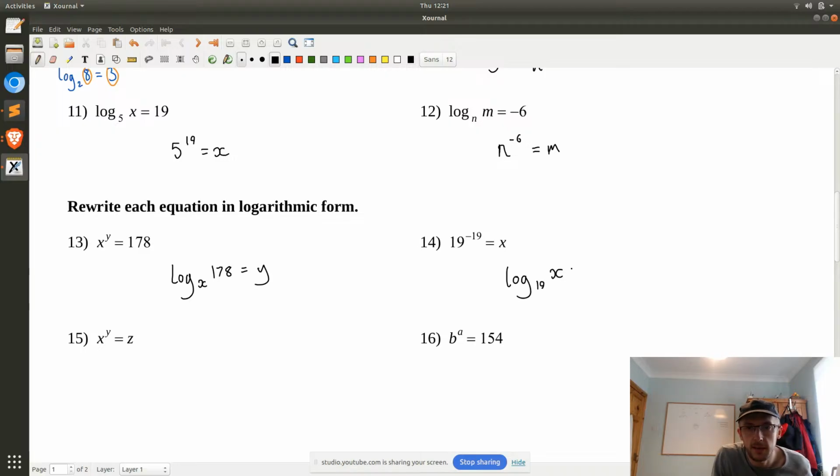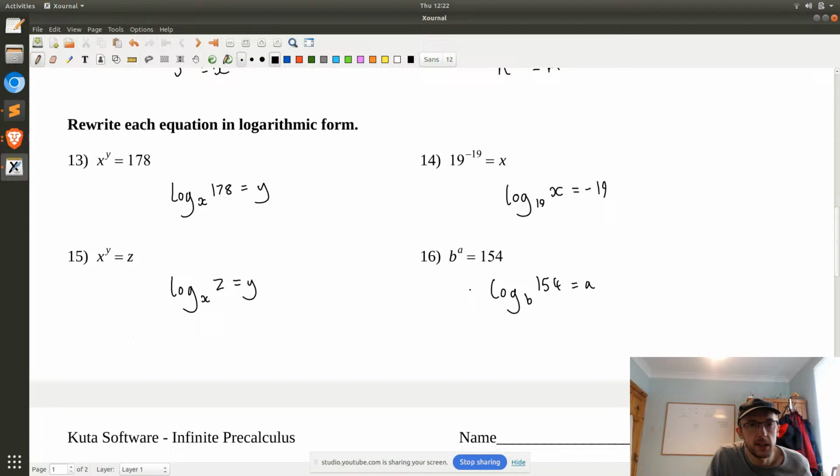Log base 19 of x is negative 19. And we check. And that's correct, and that's good.